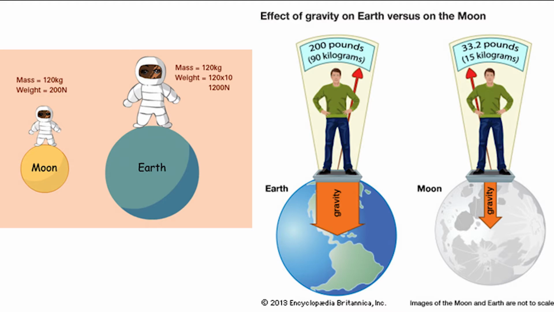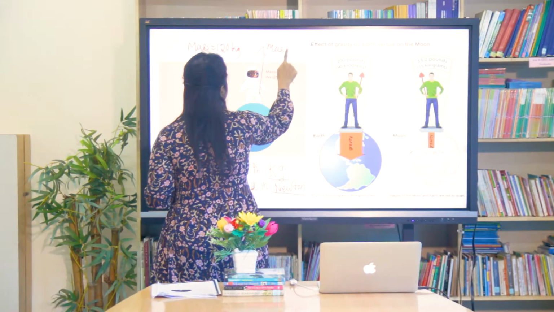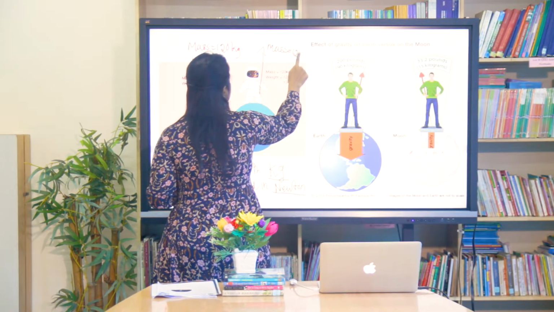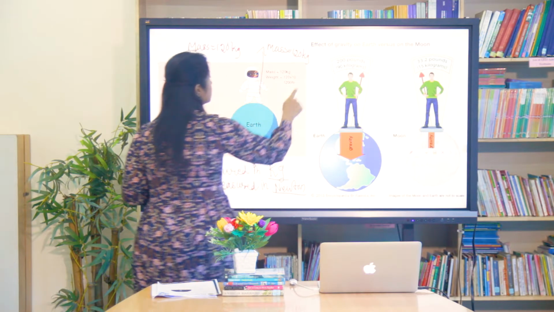The same person, if he comes on the earth, mass remains the same. You can see mass equals 120 kilogram here, and here also mass equals 120 kilogram, same.